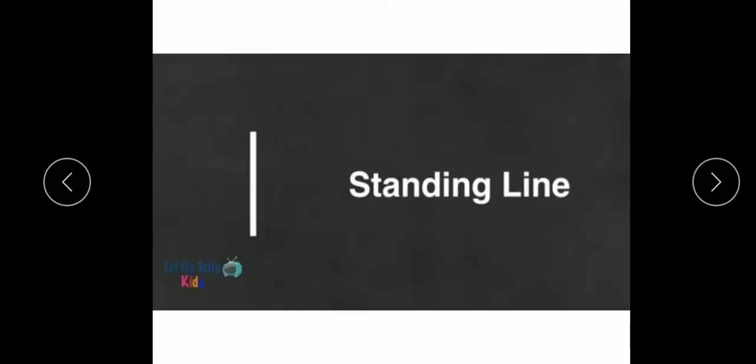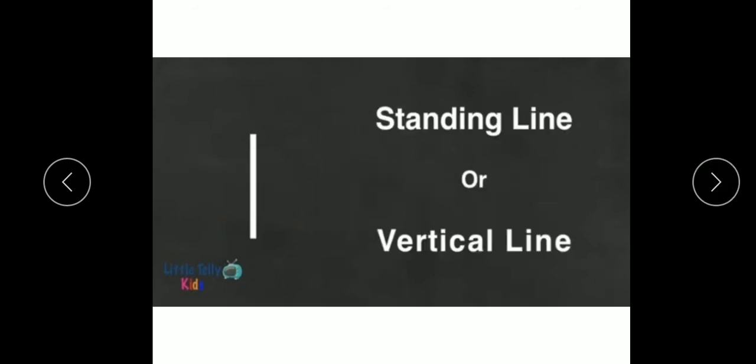Next is standing line. This is your standing line, children. You have also learned this in your previous class. Standing line is also known as vertical line. Now children, what is a vertical line?